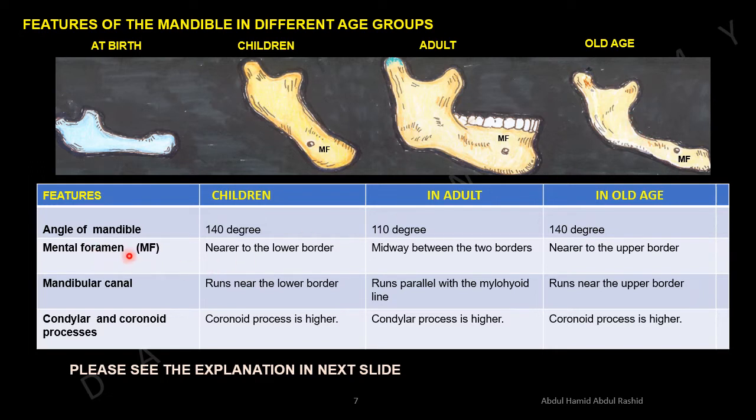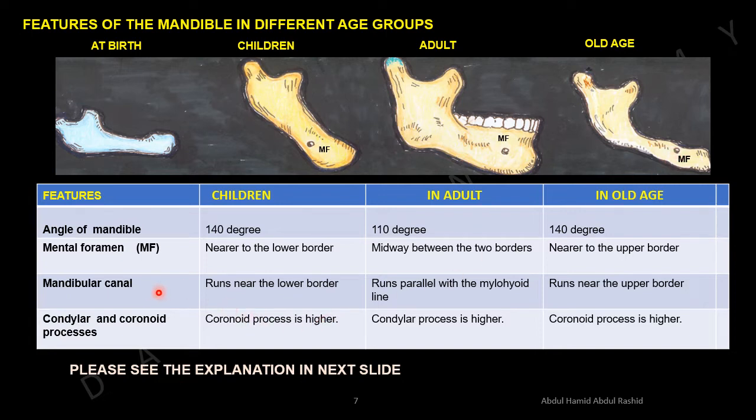Mental foramen, MF. In children, it is nearer to the lower border. In adult, midway between the two borders, that is between the upper and lower border. And in old age, it is nearer to the upper border, you can see here.